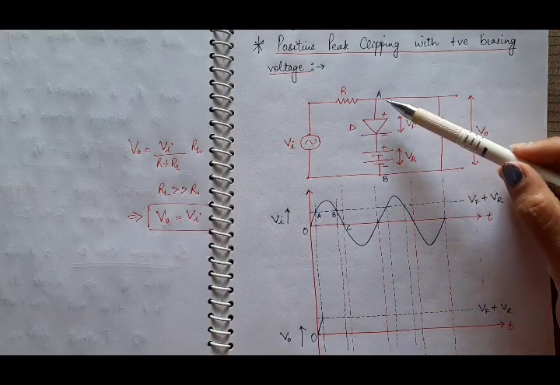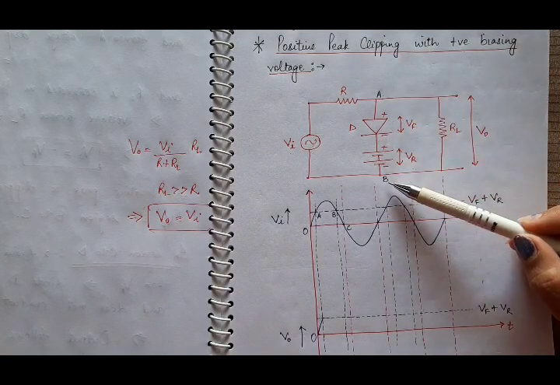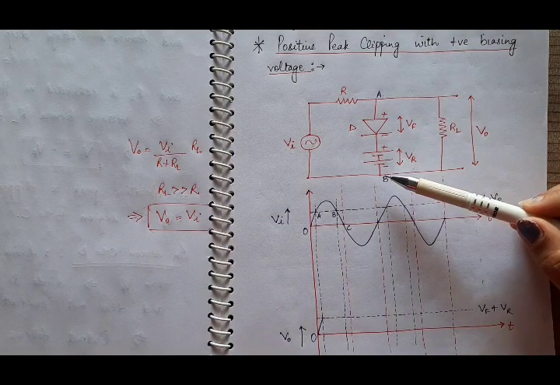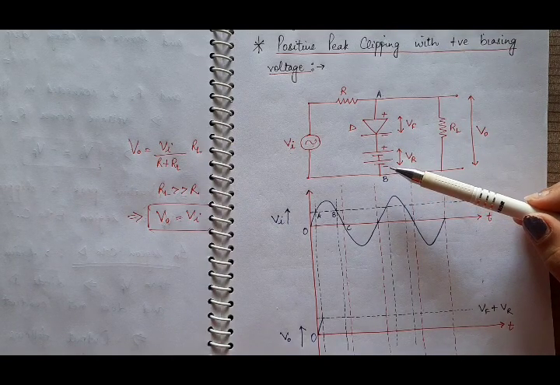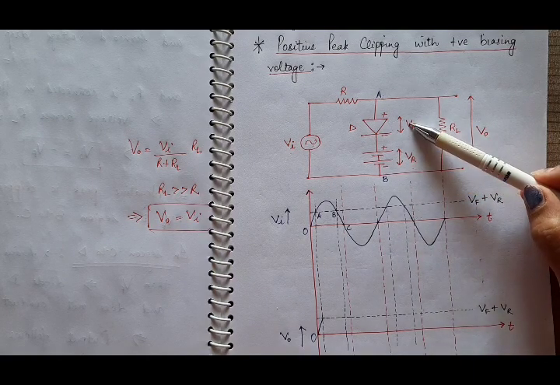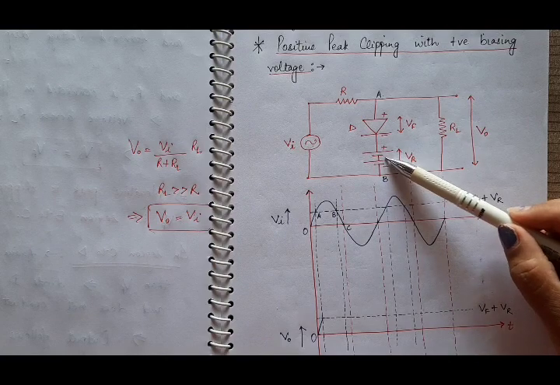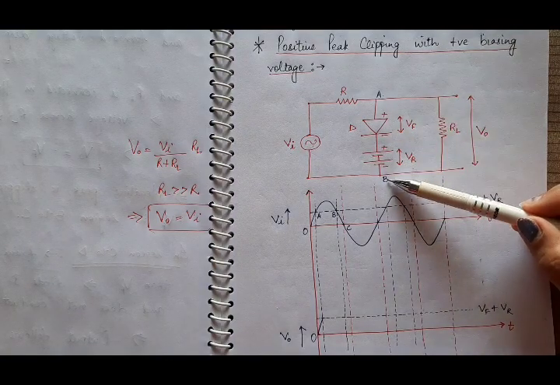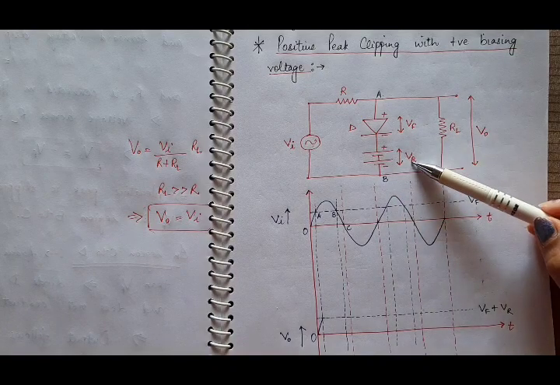And if current is flowing through this terminal AB, what will be the voltage across AB? The voltage across a forward biased diode is always equal to its forward voltage drop, that is Vf. And the external biasing voltage is Vr. So the total voltage across AB will be Vf plus Vr.